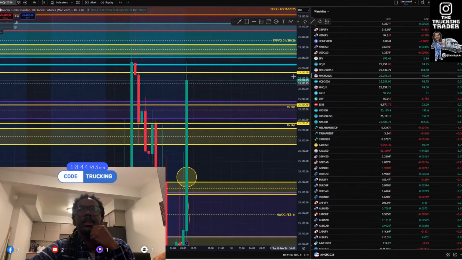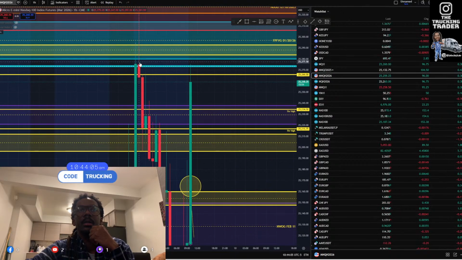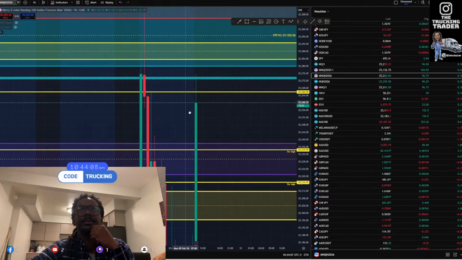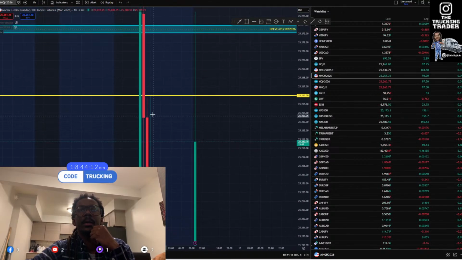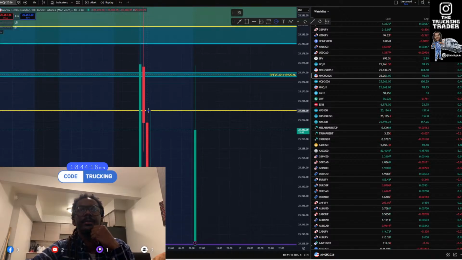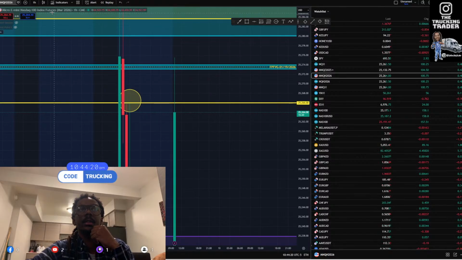So we have to make sure that we are aware of a swing high, right? This is a swing high. It doesn't look like it, but this is a swing high on a 1-hour time frame. This level right here.